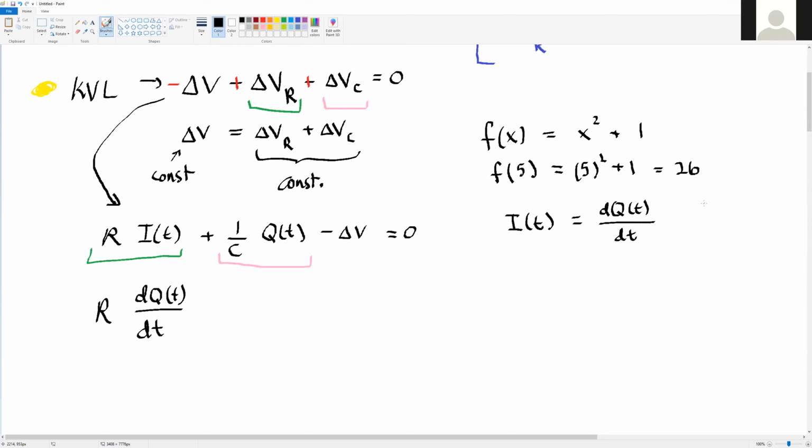Yes. Okay. So we're not multiplying by t here. We're writing an equation in terms of functions of time. Okay. So what do we do next? Well, we plug in for I. We plug in I as the derivative of q. And now we have a differential equation here, which we need to solve.